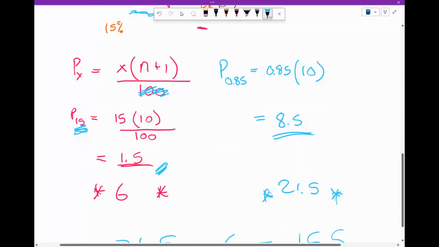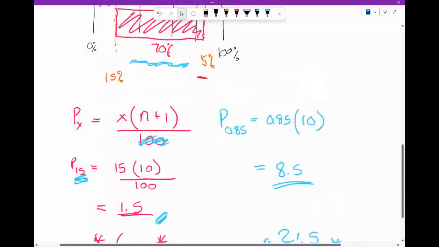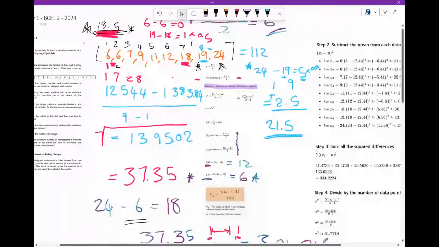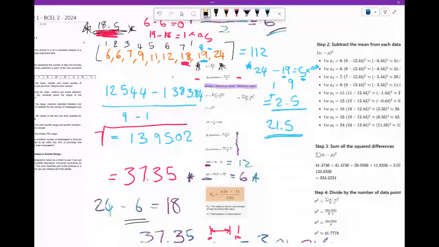Because remember, we come back here, we look at our ordered data or our sorted data, and we say, okay, this has now become quite a mess. Let me use a different color. We say number 1 in our data is 6. But then we have a 0.5. So we need to also account for that 0.5. How do we account for that 0.5? We have to say the next value minus our initial value, which we've selected.